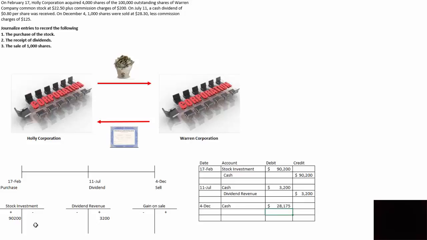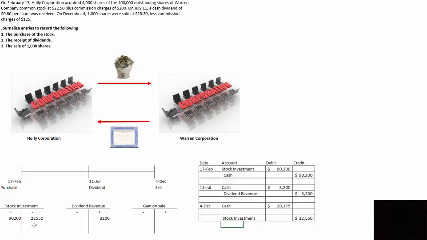Now, this is kind of the tricky part. The stock investment, we just sold 1/4 of this stock. So logically, 1/4 of that, I'll divide it by 4, should be decreased. Notice it's $22,550. So the stock investment decreases by $22,550, which is 1/4 of the cost.